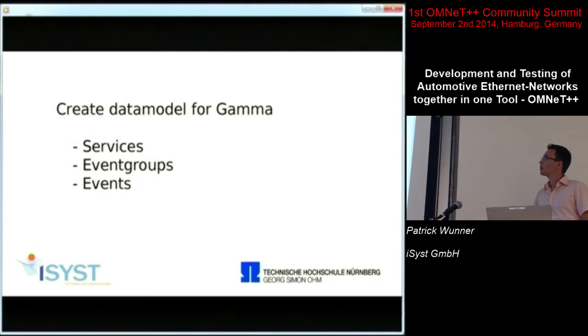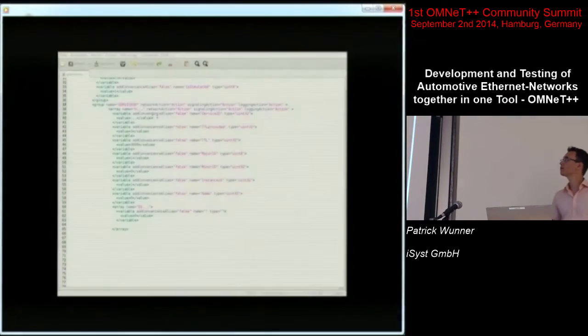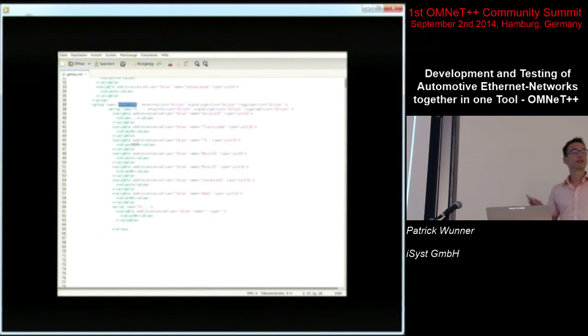At first we have to create the data model for the Gamma 5 middleware. This is XML based, and so we can define the provided services with the service ID.